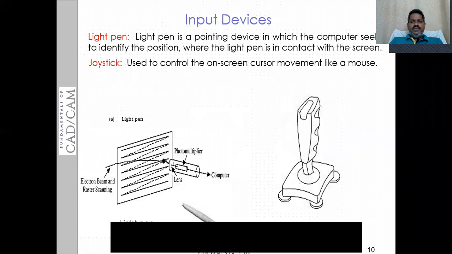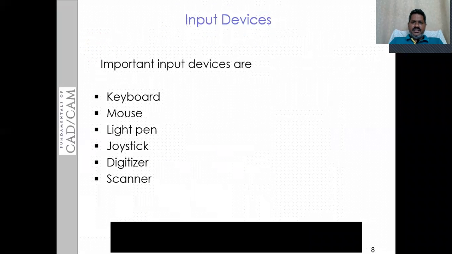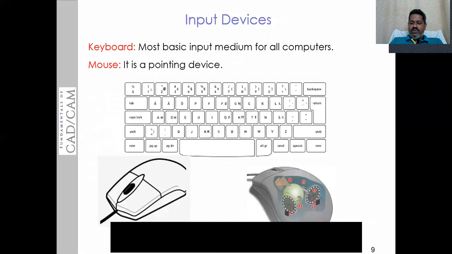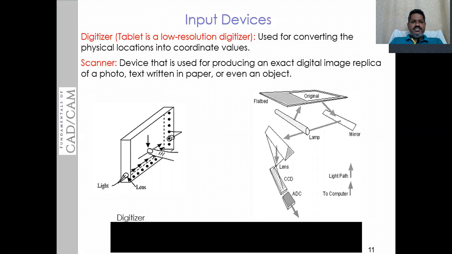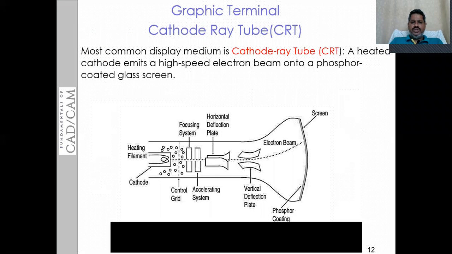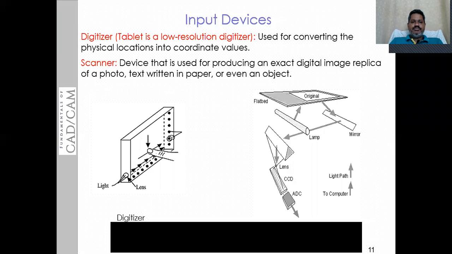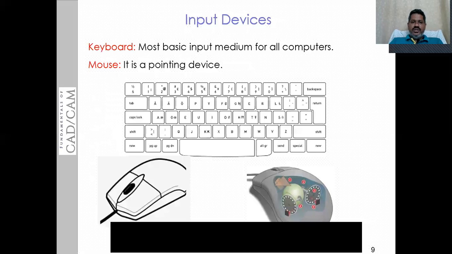So these are all the input devices used in a CAD system: keyboard, mouse, light pen, joystick, digitizer, scanner. Out of all these, the digitizer is used frequently. Mouse and keyboard are obvious. Whenever you purchase a computer, mouse and keyboard are connected to it.